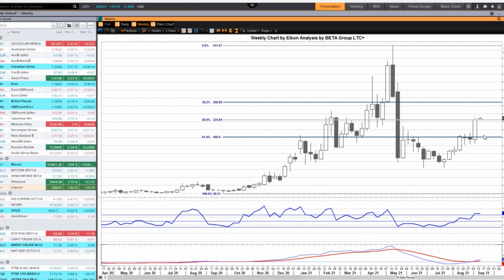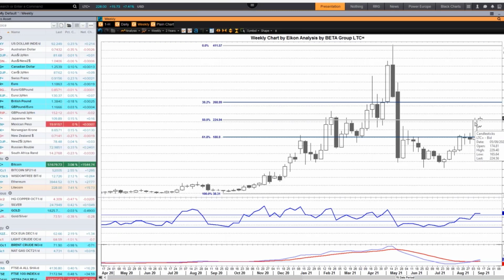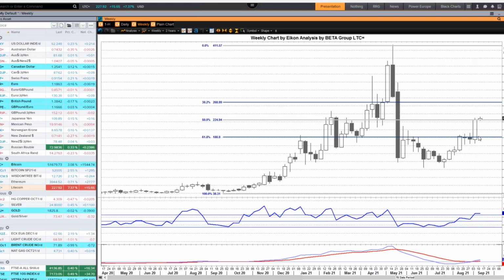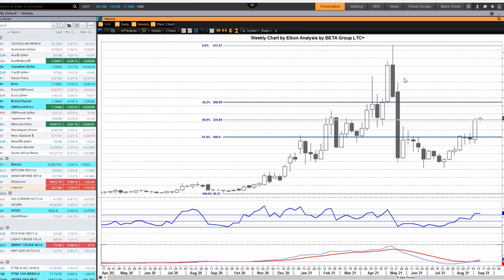But we formed this cup and saucer type bottom here below 200, and then we crashed through 200, and so it had good potential on the upside for catch up, really, from this very low level. But look, we're a long way below the highs here, but it is powering ahead. The MACD is now positive, the RSI is positive.